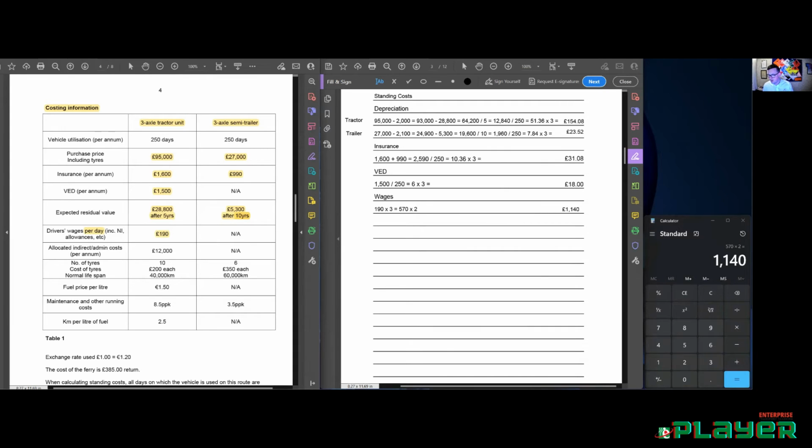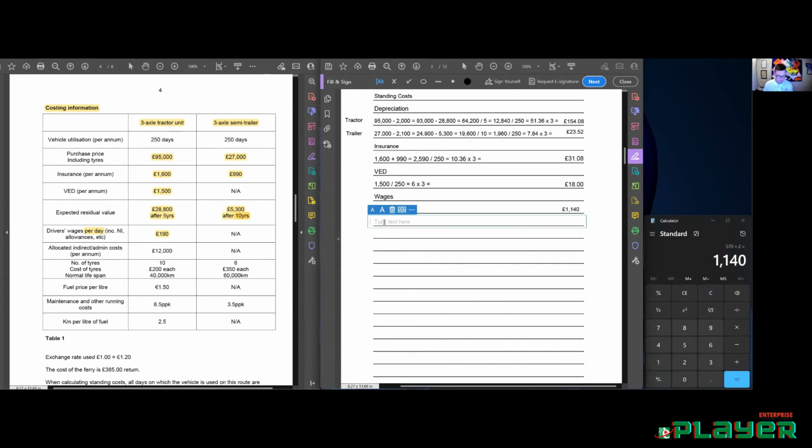Oh, we've also got in here some admin costs. Admin costs are a standing cost. Doesn't matter how far you travel, those admin costs will always exist and be exactly the same. And it tells us the admin costs for the tractor unit are £12,000.